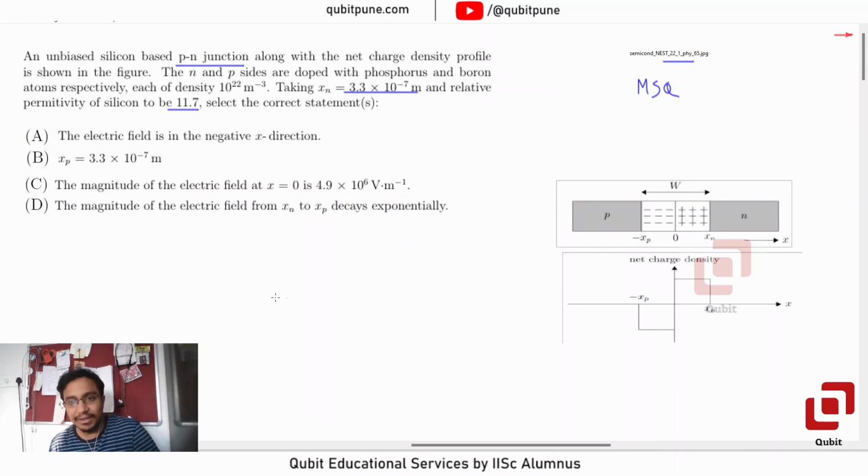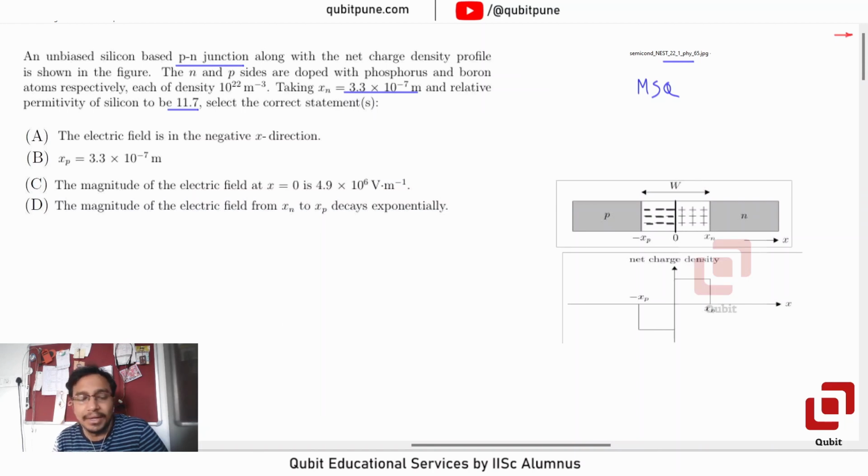Now if the figure is not visible to you, let me show some things here. So this is our PN junction, this is the junction. This side is the P side, with these negative charges because the holes have diffused.